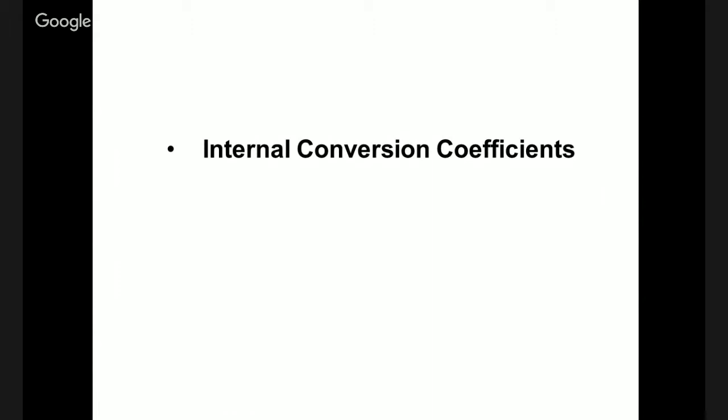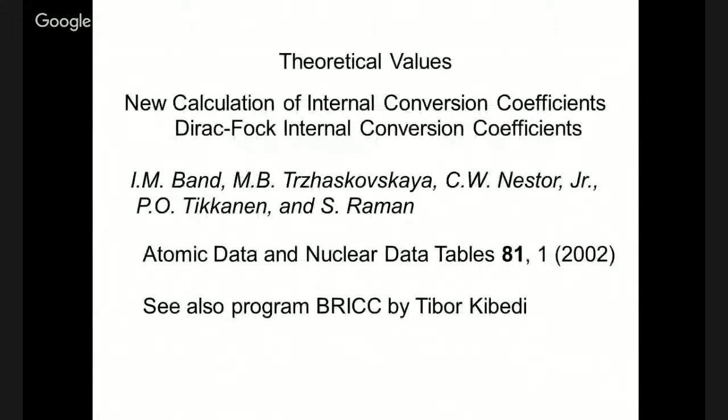Now, shall I continue? Oh, yeah, I'm sorry. Internal conversion coefficients. We don't give experimental values in general, but we do give them if they are very precise and accurate. We use theoretical values. The latest are Band and Raman and the Russians in the year 2000. And Tibor Kibedi, a scientist who works in Australia, is an excellent physicist and programmer.